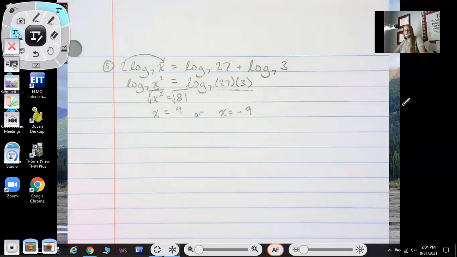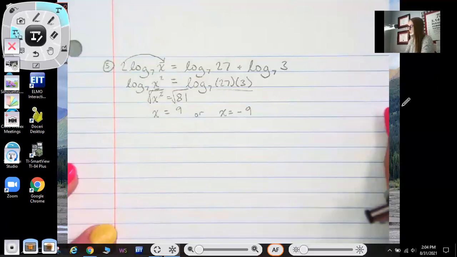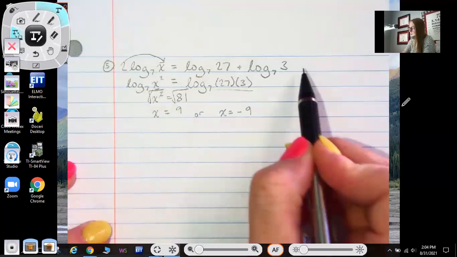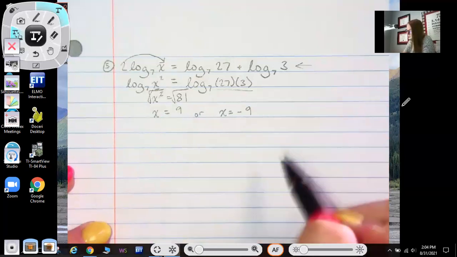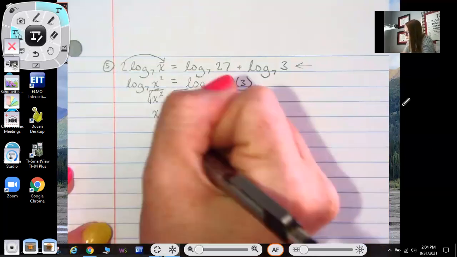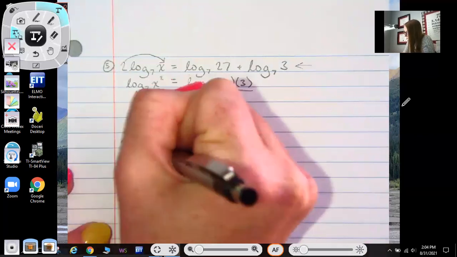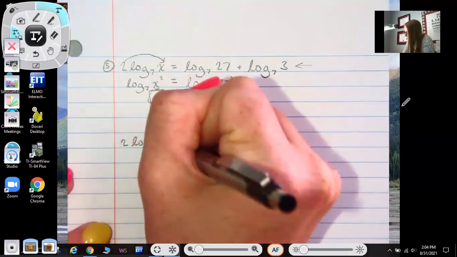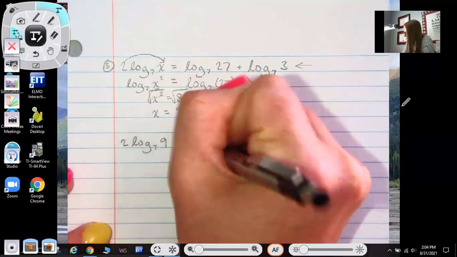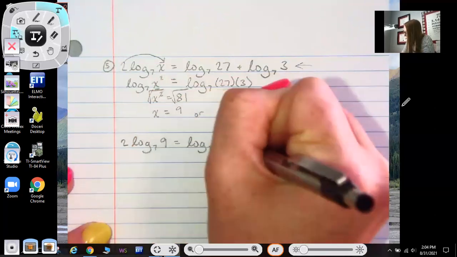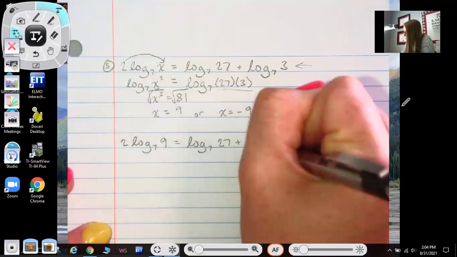But we need to check both of these answers to see if they actually work as solutions. So we're going to go back to the very first line of the problem and plug in these values for x. So if we're trying x equals 9, we've got 2 log base 7 of 9 equals log base 7 of 27 plus log base 7 of 3.